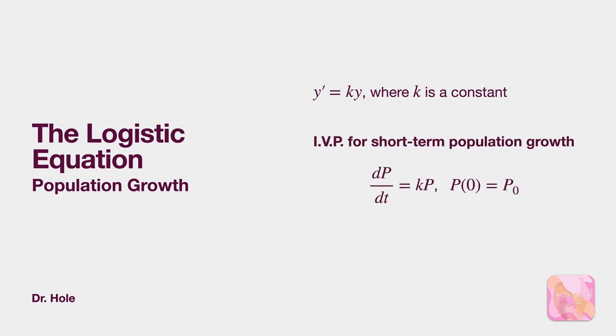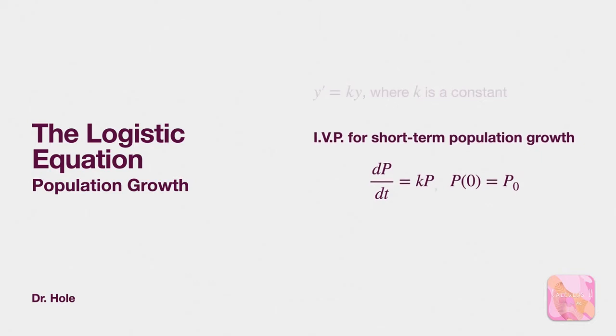If we add in an initial condition for the population being some initial population, setting up the rate of change of the population is proportional to the population present, is an initial value problem for short-term population growth.